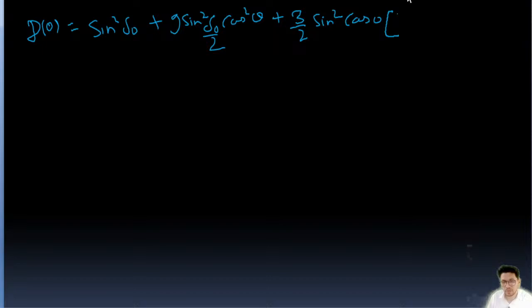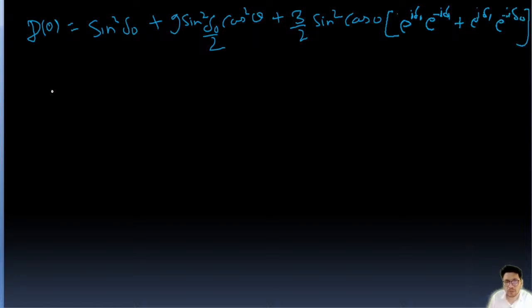Okay, so this is going to be e to the power iota delta naught e to the power minus iota delta 1 plus e to the power iota delta 1 e to the power minus iota delta naught, right?